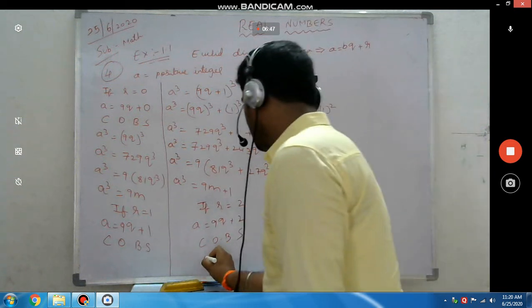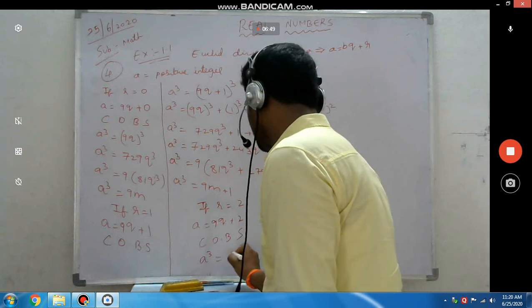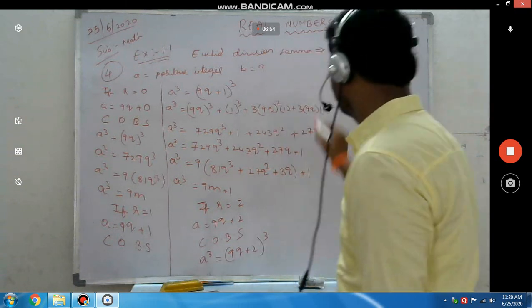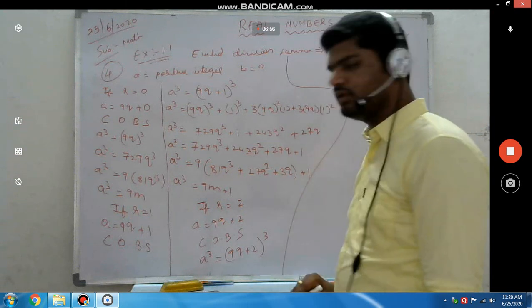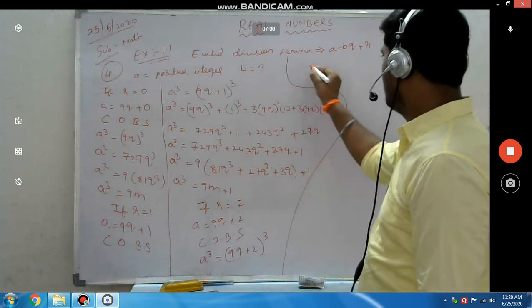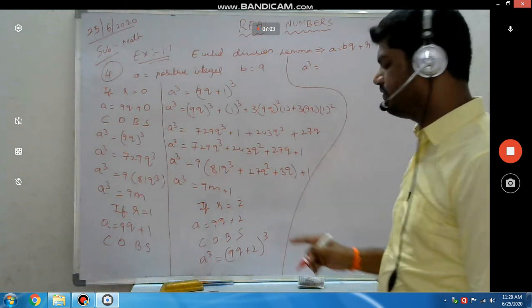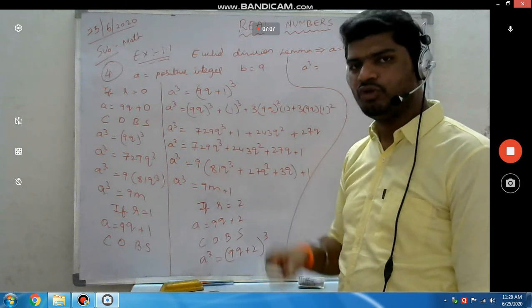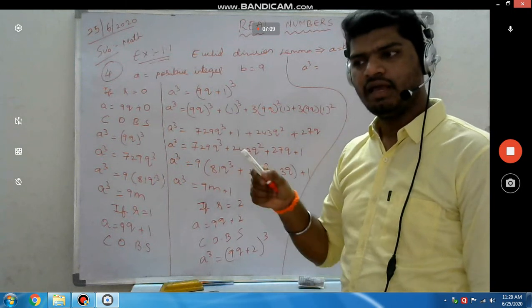Then I get a cube is equal to (9q plus 2) whole cube. Expand this (9q plus 2) whole cube. If I expand using the (a plus b) whole cube formula I already said, what is that? a cube plus b cube plus 3a square b plus 3a b square.